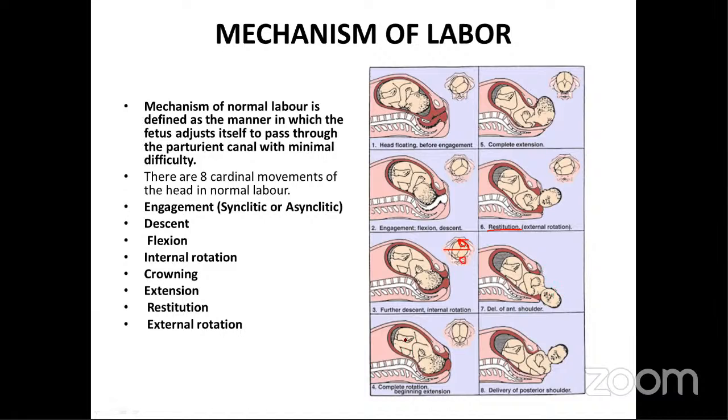Then, with the turning or twisting movements of the fetal trunk, the posterior shoulder is usually delivered first, and then the anterior shoulder is delivered when the head is pulled down. The rest of the trunk and the legs come out easily. So this is how the cardinal movements of delivery, or the mechanism of labor, occur, and that's the process wherein each part of the baby is delivered.